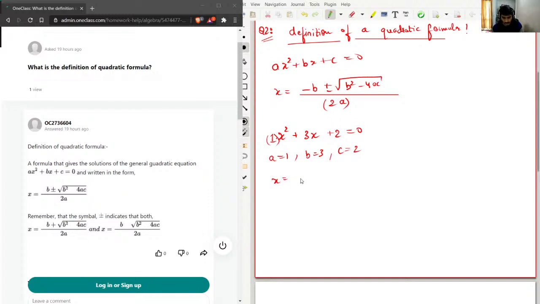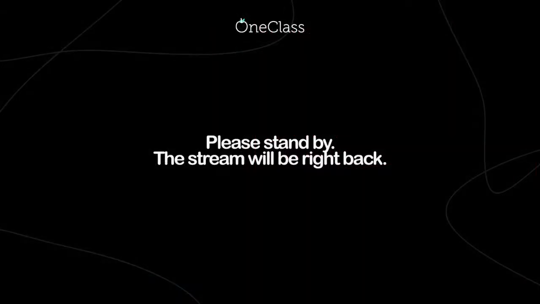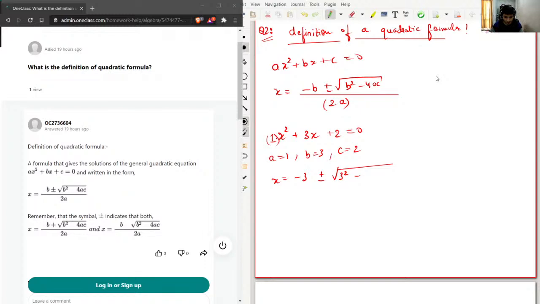So minus b, that means minus 3 plus minus square root, then b square will be 3 square minus 4 into a, which is 1, and c, which is 2.